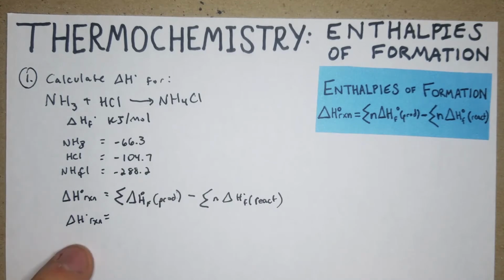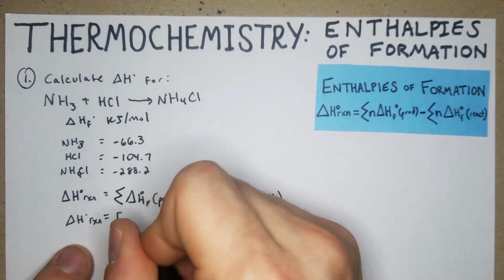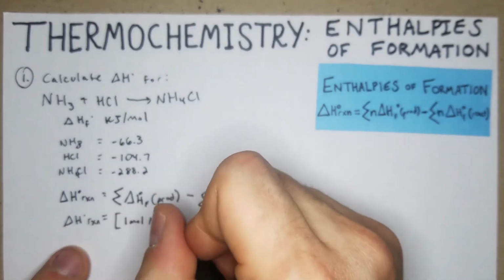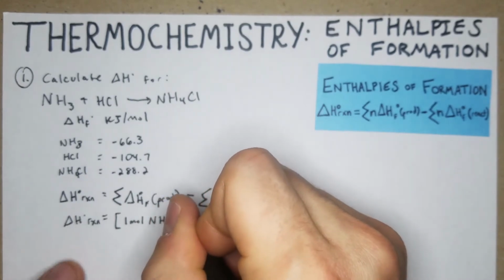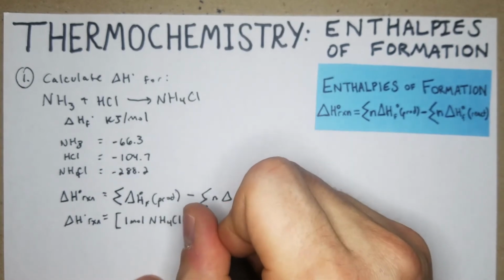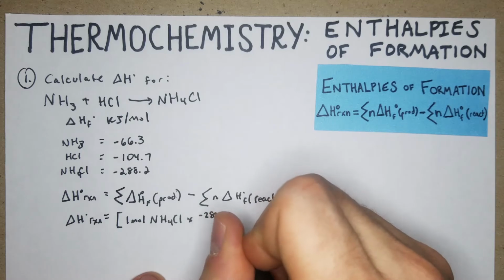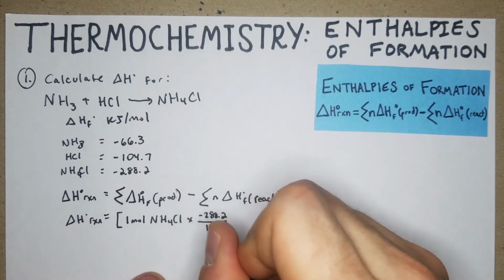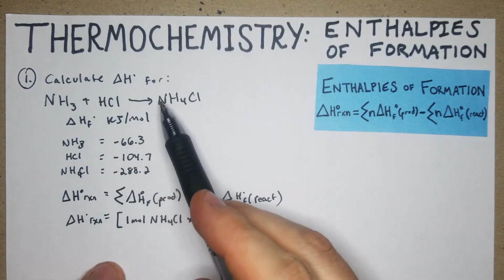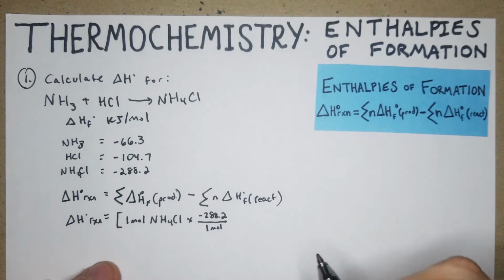So the enthalpy of formation is going to be 1 mole of NH4Cl times this right here, negative 288.2 per 1 mole. And we're using these because of the molar ratio. We're assuming each of these is just 1, so that's going to make it nice and easy for us.